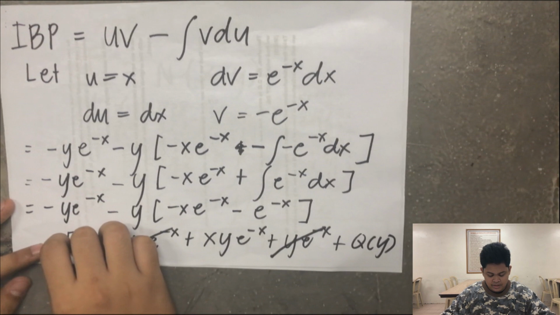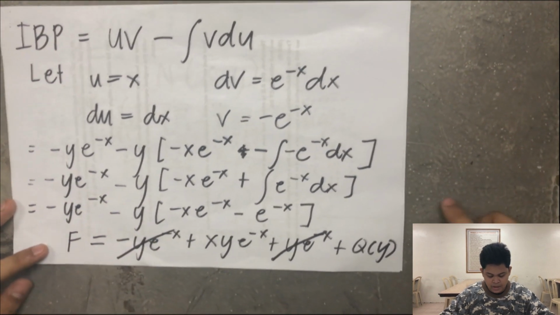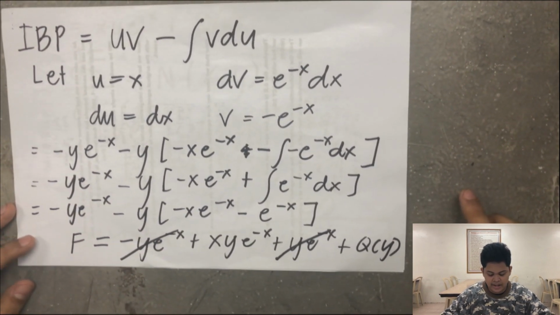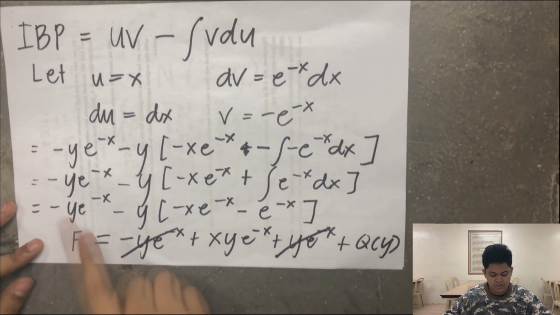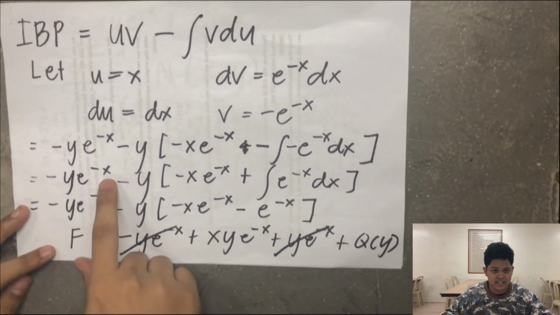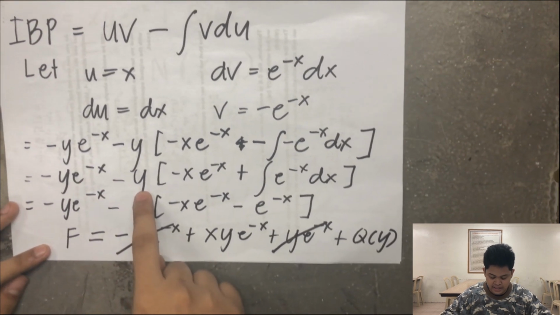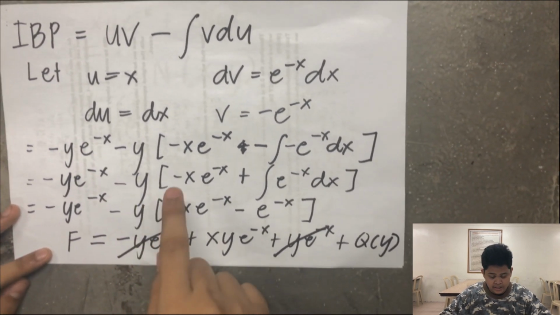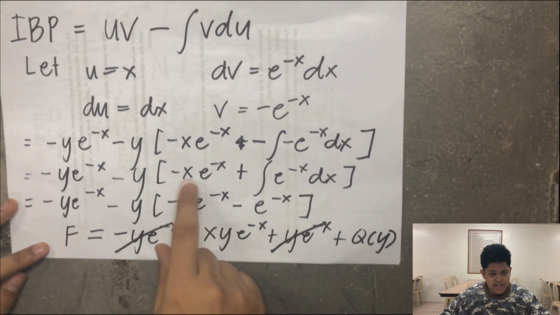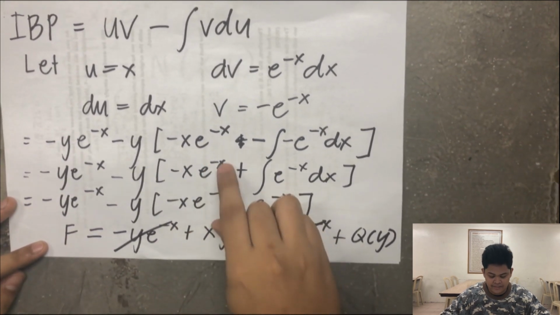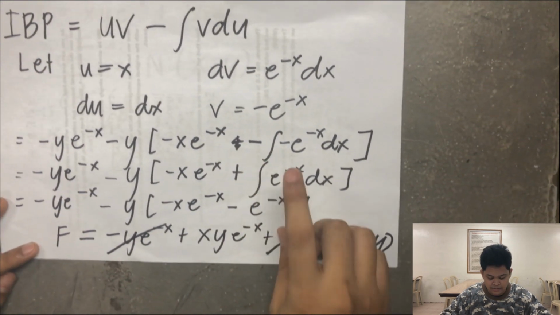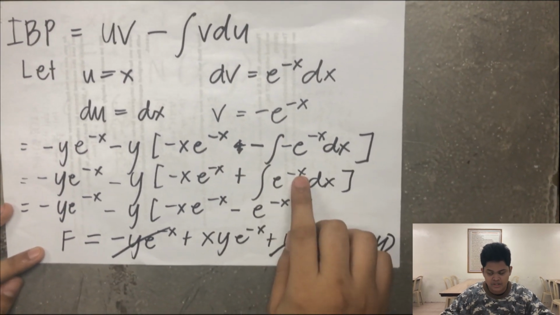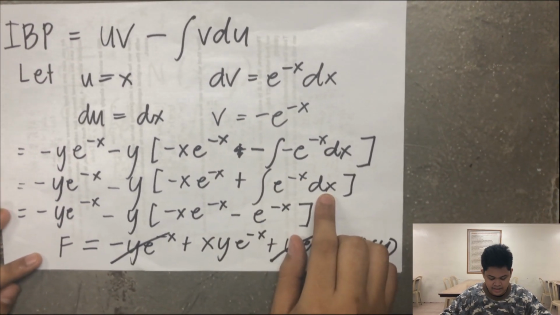So we integrate the next term: minus y e raised to negative x minus y, bracket, minus x e raised to negative x plus the integral of e raised to negative x dx.